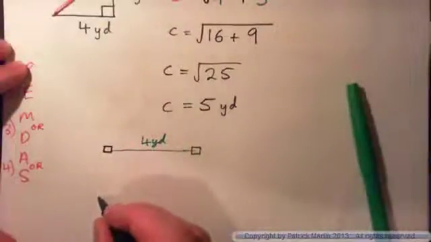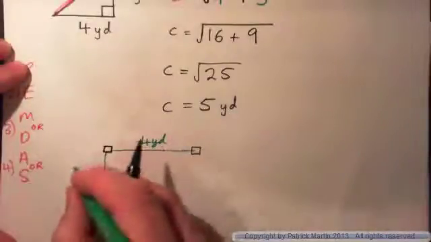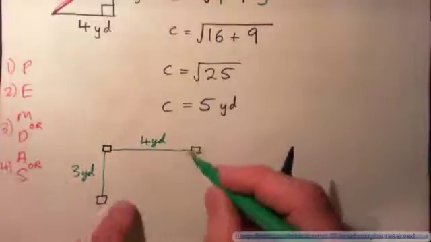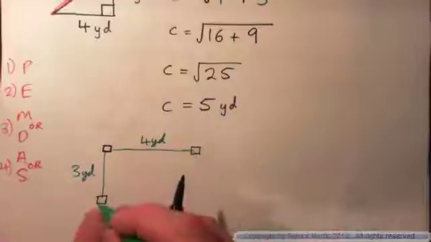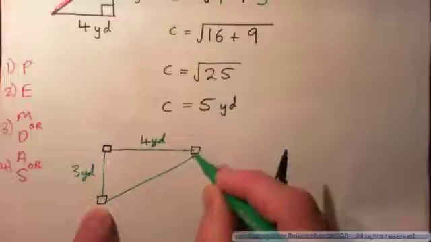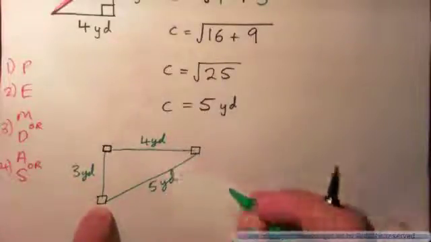Okay, and then you could measure 3 yards in this direction. And then carefully move this one around until you manage to get your twine in this direction exactly 5 yards.